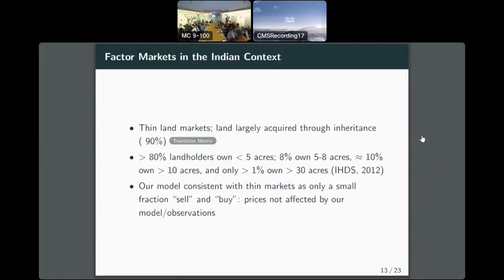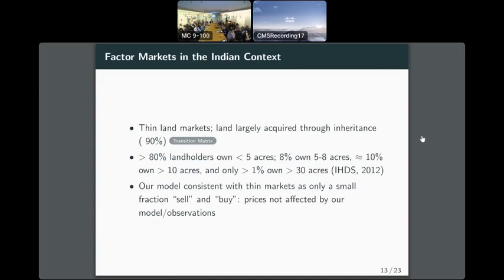All right, and just briefly to tell you why we shouldn't be worrying too much about the general equilibrium implications: even with these relative movements of farmers within a village, the land markets are relatively thin. A large majority of farmers, more than 80% of landholders, are small.